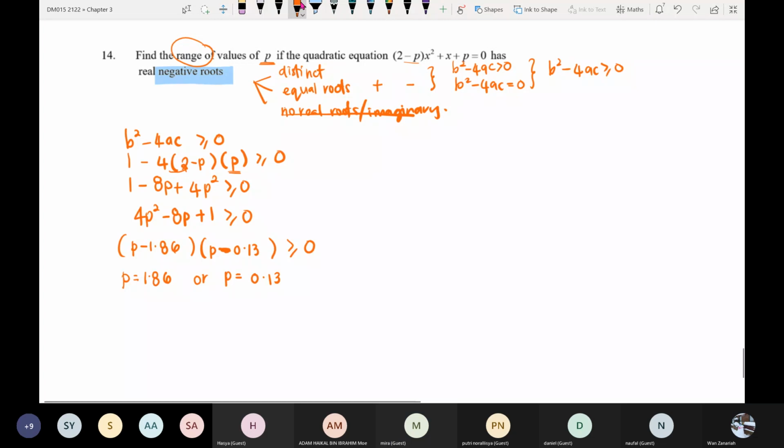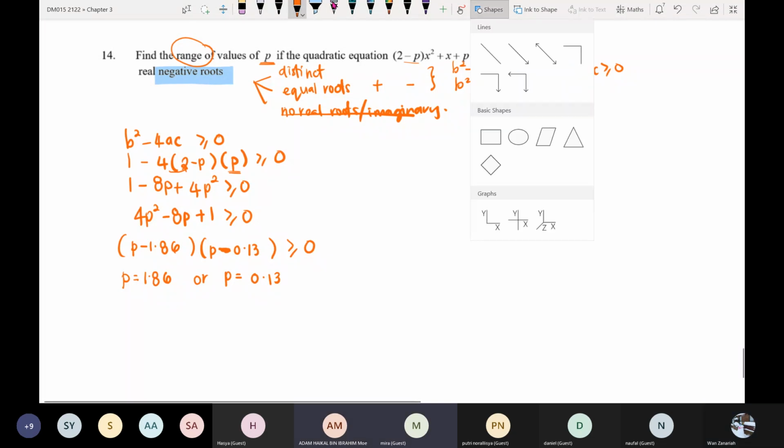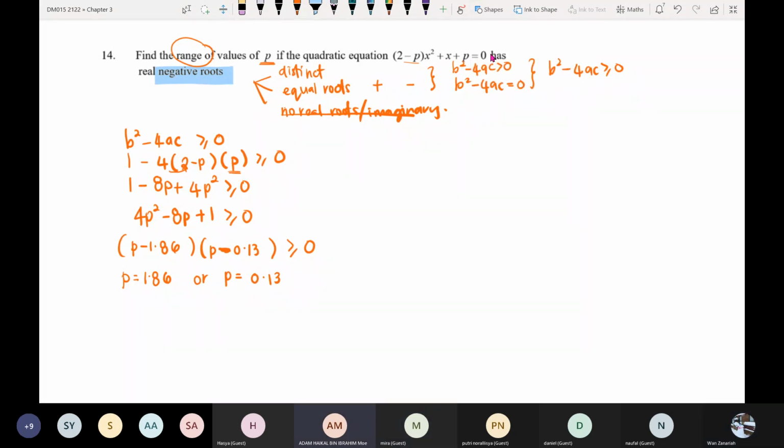Okay. Tapi madam, real negative roots tu maksudnya salah satu roots tu negatif kan, madam? Real negative root tu kita dah cakap dia ada kemungkinan dia positif negatif ataupun mungkin dua-dua negatif.